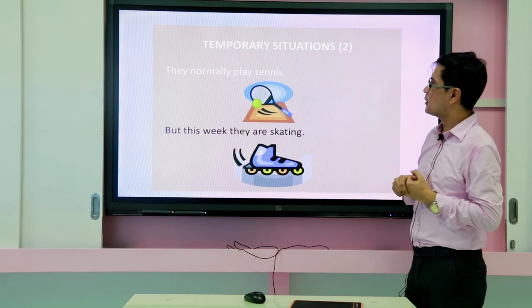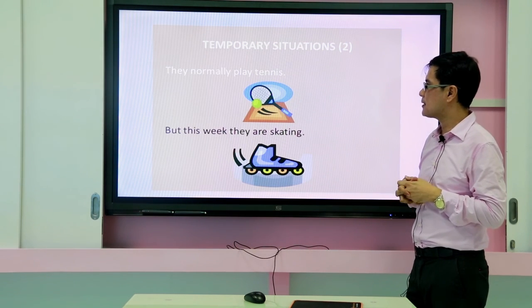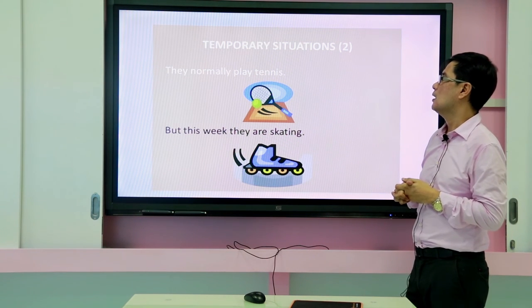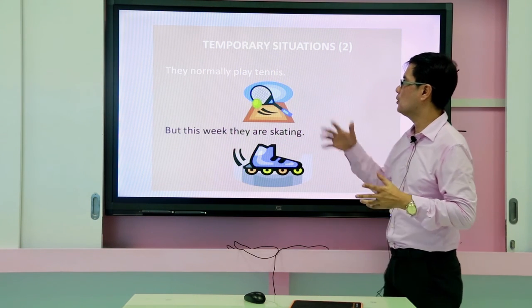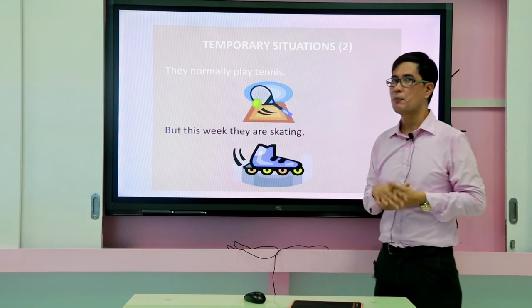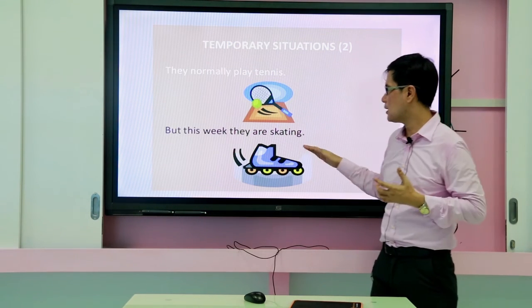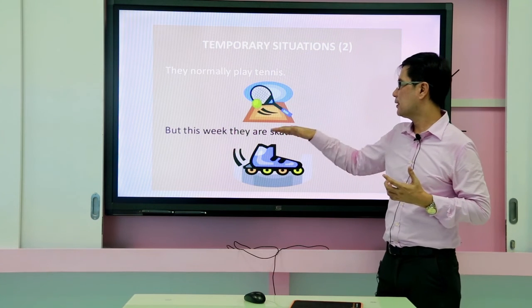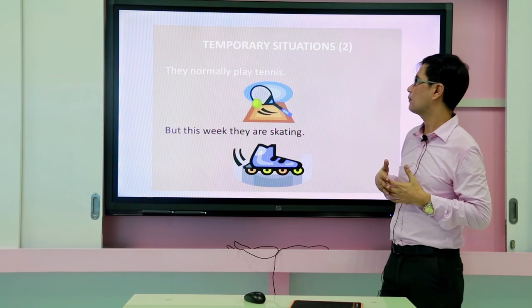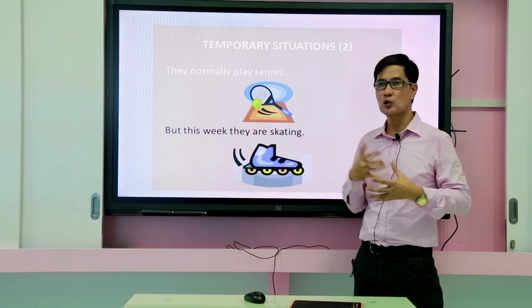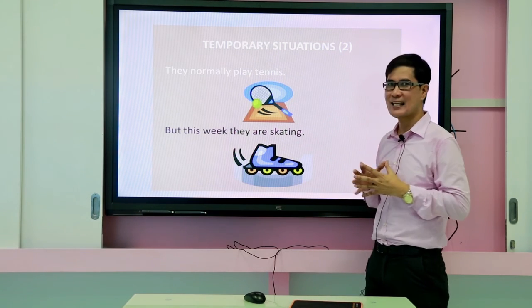Another temporary situation: they normally play tennis, but this week they are skating. Notice the changes. They normally play tennis before, but right now there were some changes. But this week, they are skating. So there was a change in the situation or activity in the sentence.